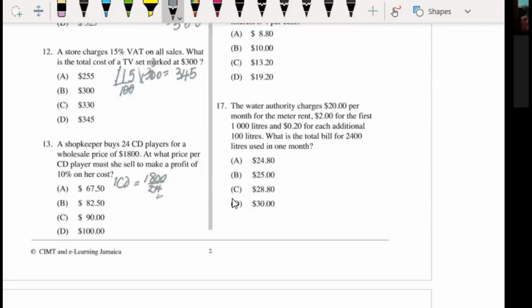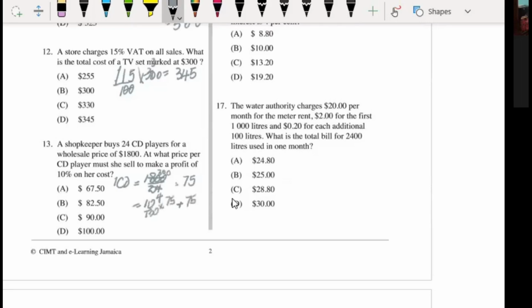6 into this 300. 4, 7, 28. 4, 5, 20. $75 for one. And 10% of 75 is $7.50. So to find out the selling price, you would have to add 10% of 75 and add it to 75.